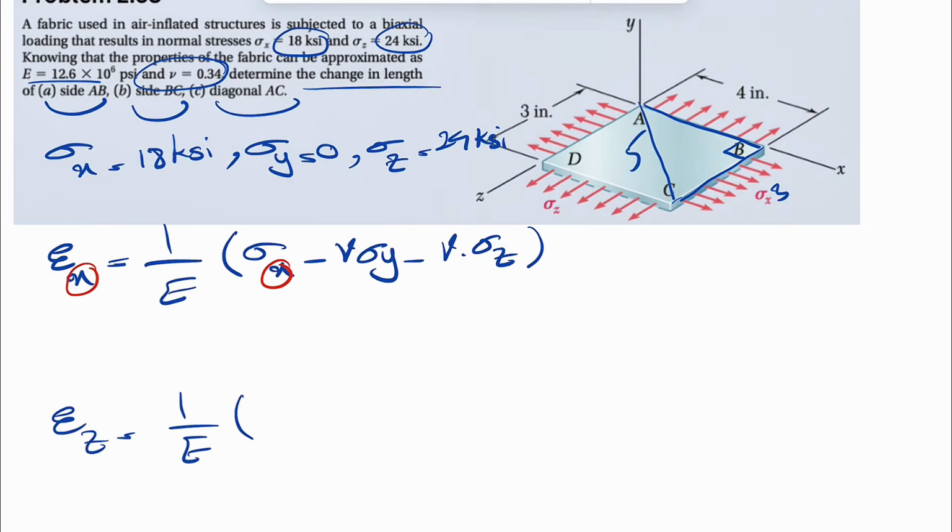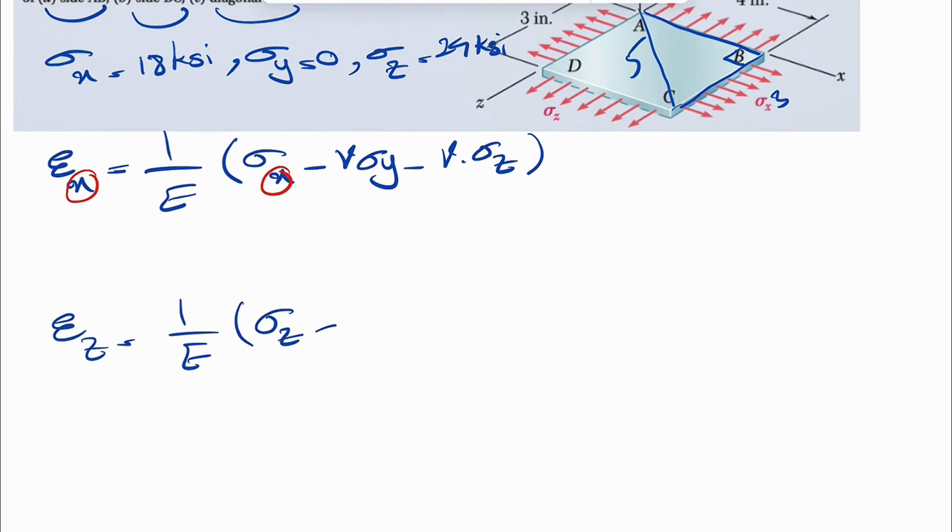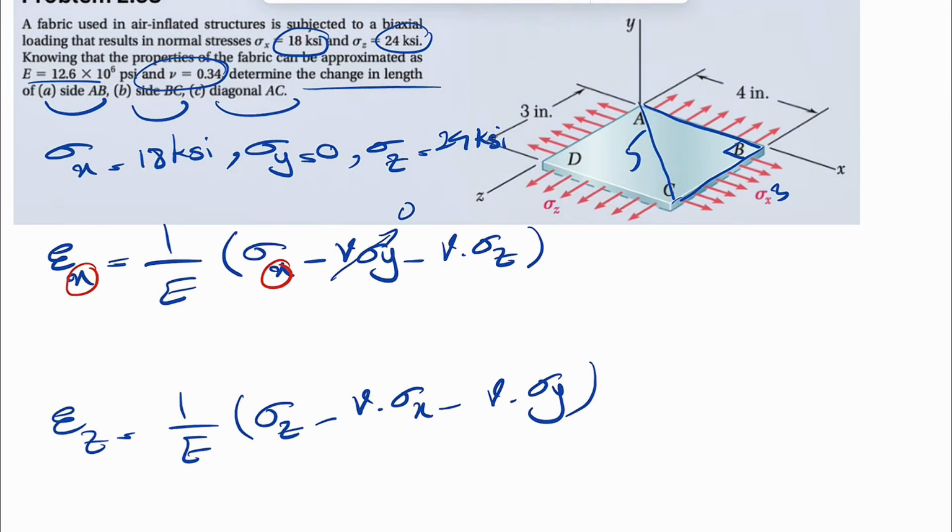We have the same story for epsilon in the z direction: 1 over E, the first term is sigma z, and the rest are multiplied by Poisson's ratio. These parts are 0 because there is no sigma y. So we should be able to find the strain in the x and z directions. E is 12.6 times 10 to the 6 psi.